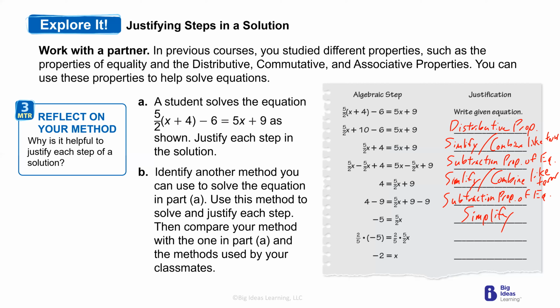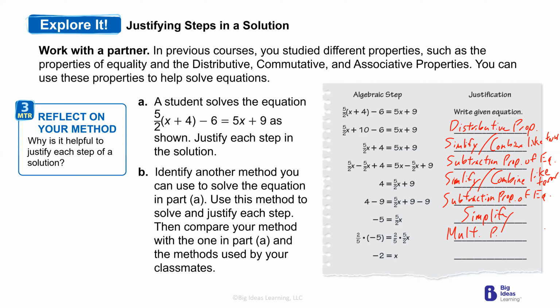So now, if you were doing this problem, you could have said one of two things. You could have said we would divide that off, or you could say that we're going to multiply it by the reciprocal. The work that they showed is multiply. All right, so I'm going to say multiplication property of equality.